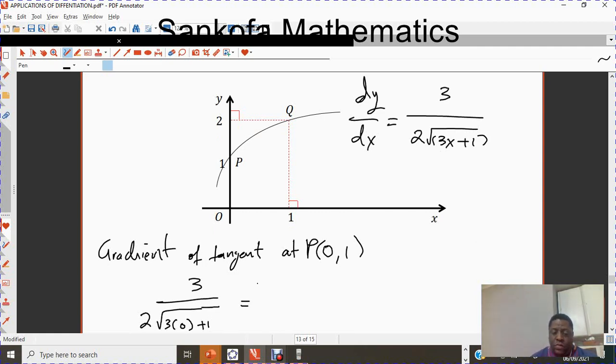So when x is equal to 0, the gradient is 3 over 2.